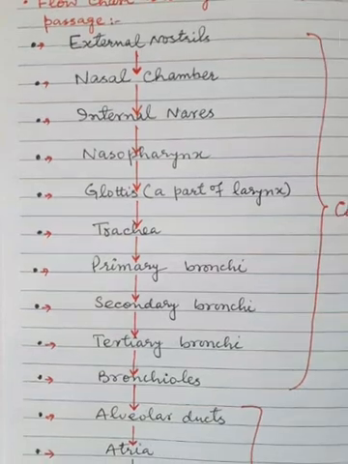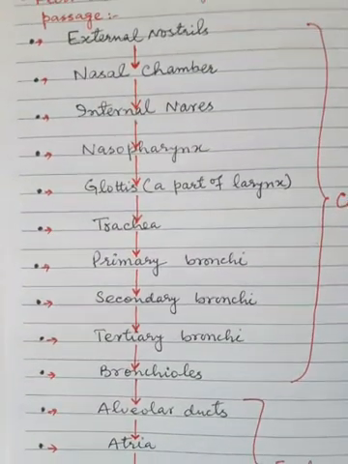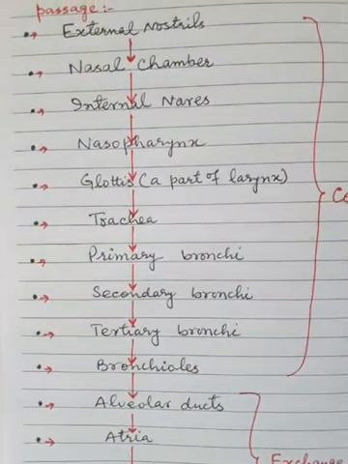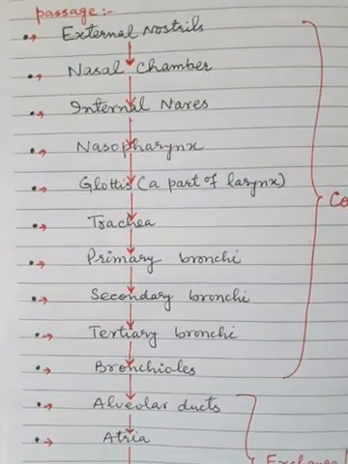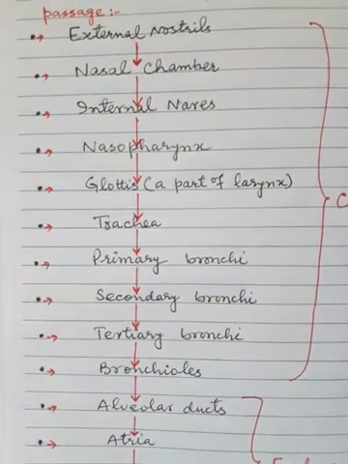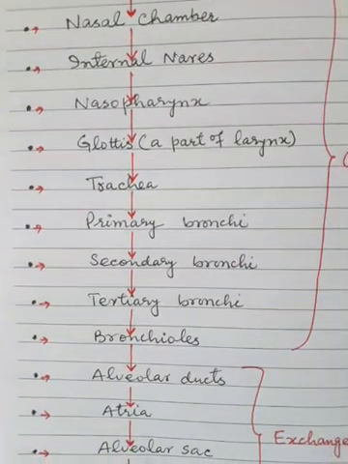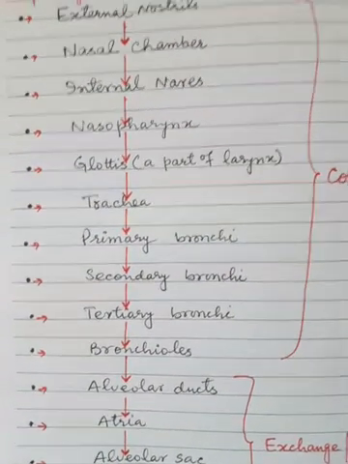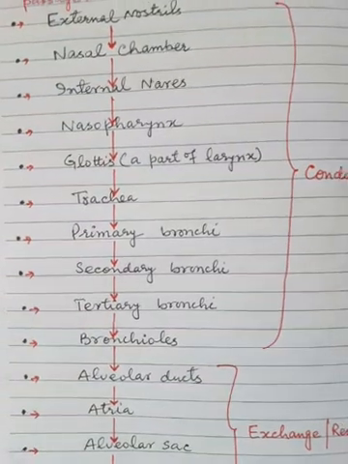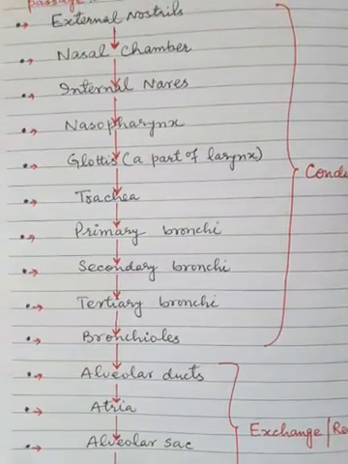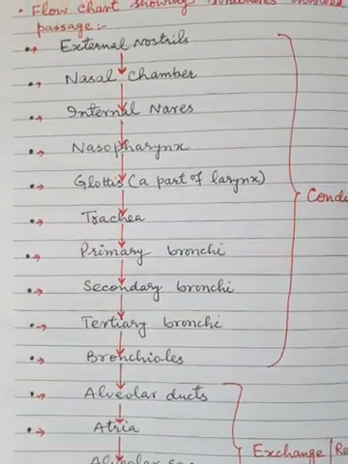Then there is the glottis, which is a part of the larynx. After the glottis, the onward transmission takes place through the trachea. Afterwards, there are primary bronchi, then secondary bronchi, tertiary bronchi, and bronchioles.